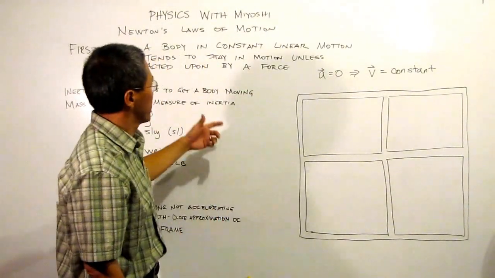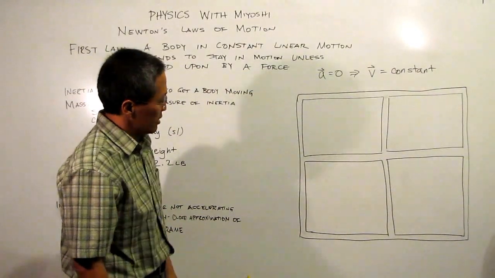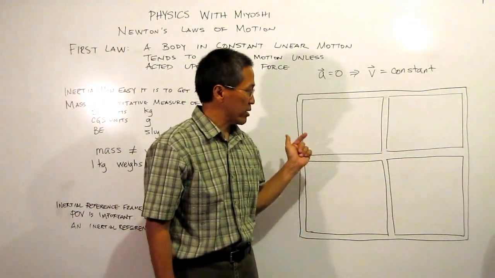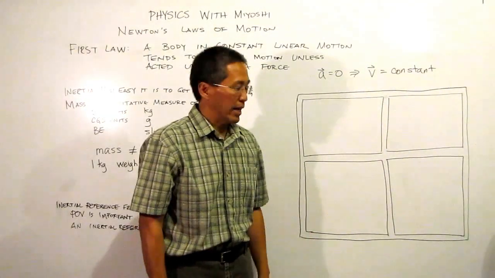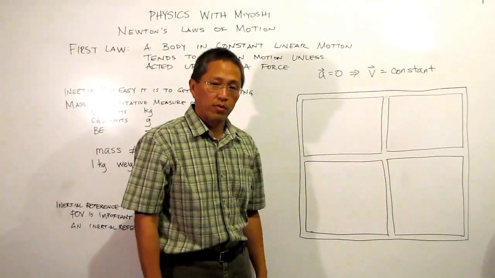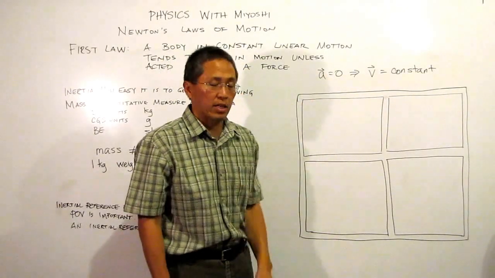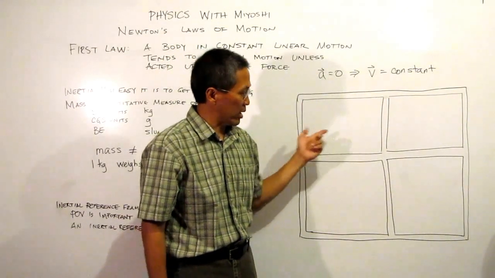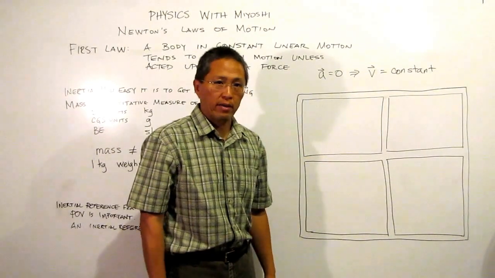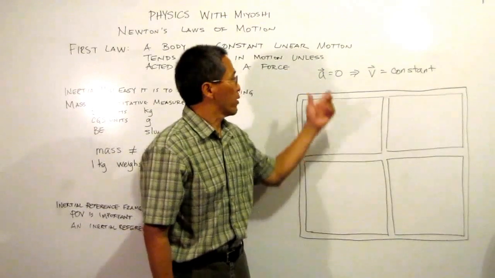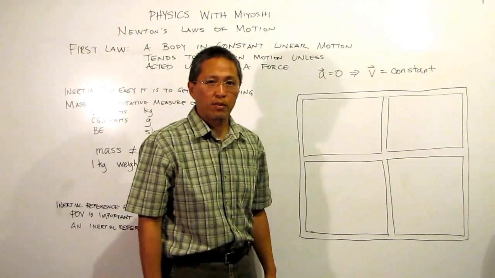So remember, imagine a scene going by at a constant motion. As long as I'm not accelerating, it doesn't matter whether it's a constant velocity or a velocity of 0, which is constant also. That's really an application of Newton's first law.